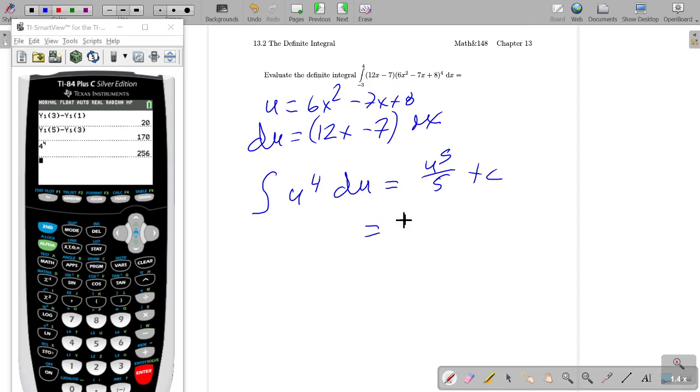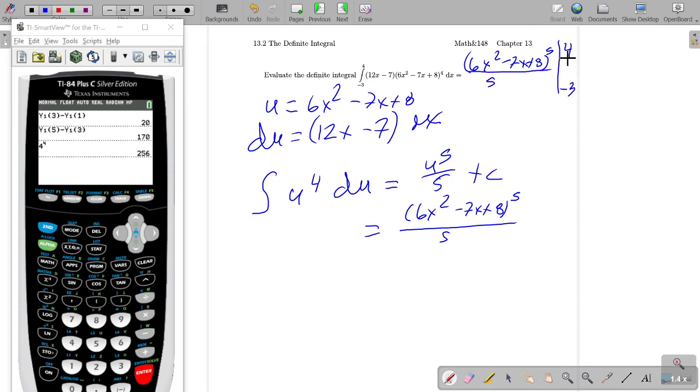So this integral here would equal 6x squared minus 7x plus 8 to the fifth over 5, evaluated from -3 to 4.